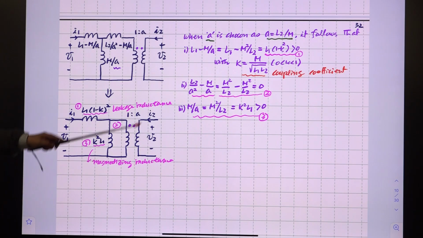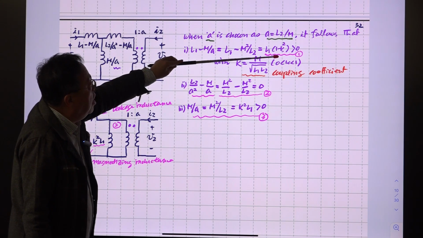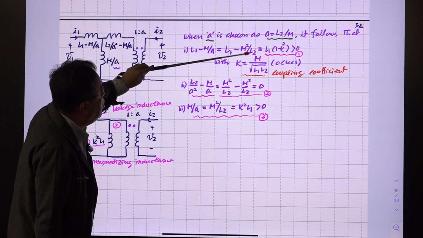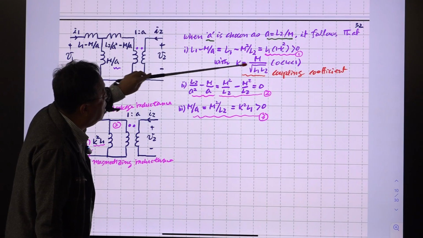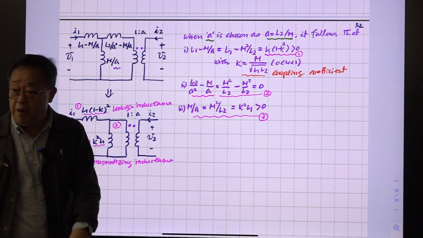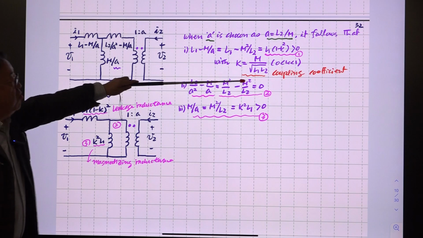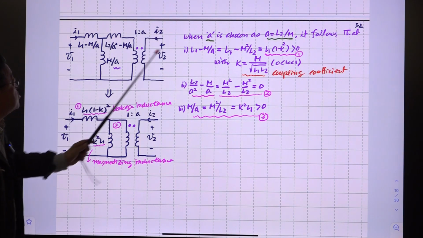So this number becomes positive, and this K is this one. So we have K squared here, so K is this one. This is called the coupling coefficient that reflects the closeness of two windings. So if K is closer to unity, then you have very tight coupling between two windings. So coupling coefficient, and this one becomes 0.